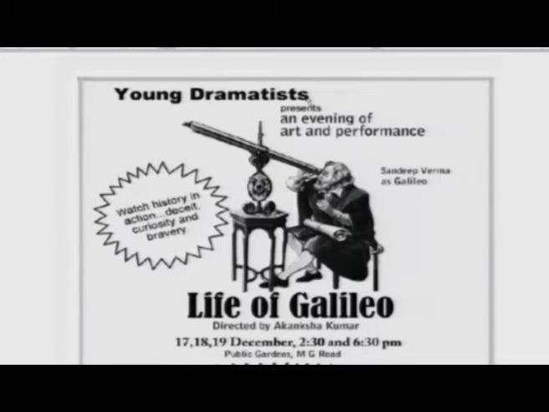The play is Life of Galileo, and it is being staged by a group called Young Dramatists. The next details you would want to find out are when and where. Usually you will find it under the name of the play: the program, 17th, 18th, 19th December here, time 2:30 to 6:30, and the place is here.